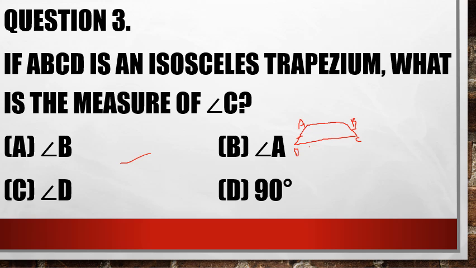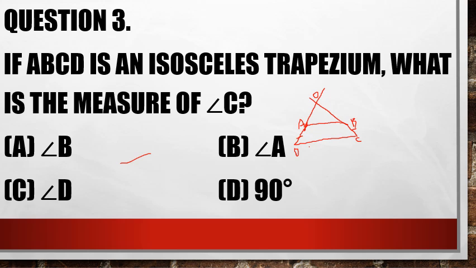If we extend these two sides, BC and AD, they will intersect each other at some point. Let it intersect at point O.